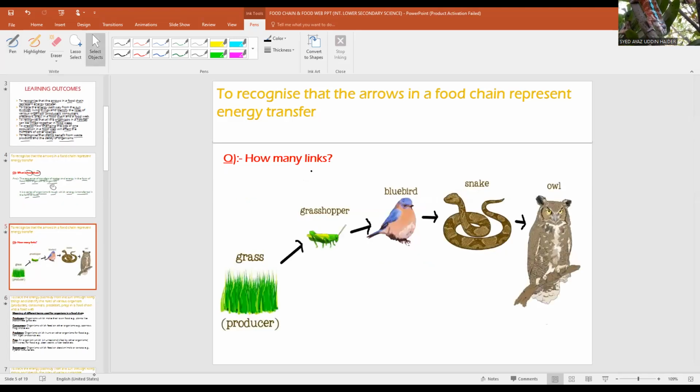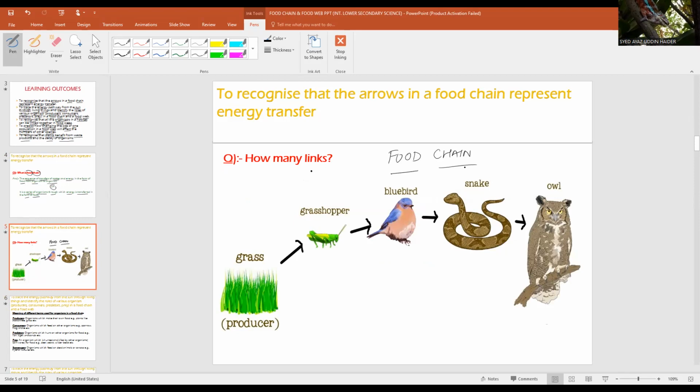Here's an example of food chain. It starts from the producer. Grass is the producer here. Producers are organisms which make their own food.